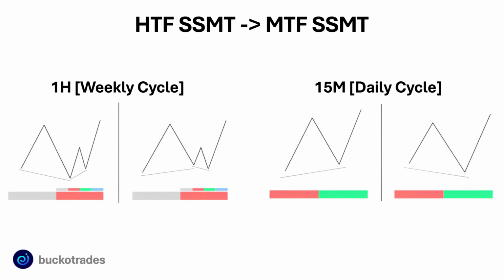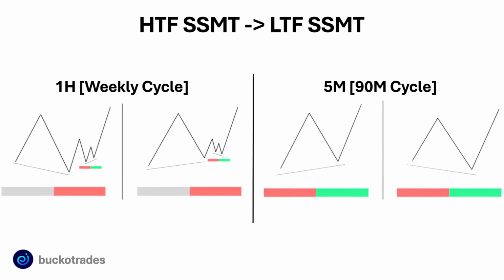Now let's jump into the second example, which would be our high time frame SSMT followed by a low time frame SSMT. Like I mentioned before, find your high time frame. It can be anything. In this example specifically, we are using the hourly. So once that weekly cycle SSMT has played out, we're now dropping down one time frame lower, and that's when you're looking for the SSMT there.